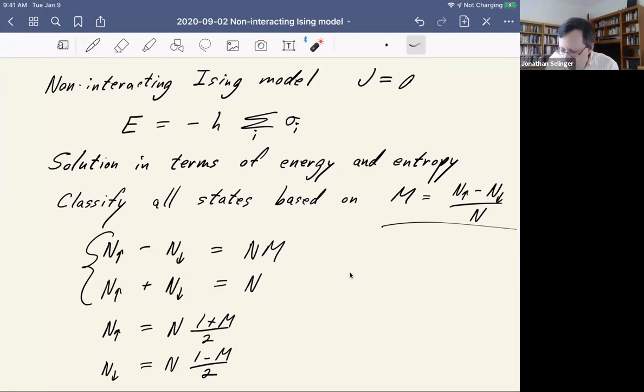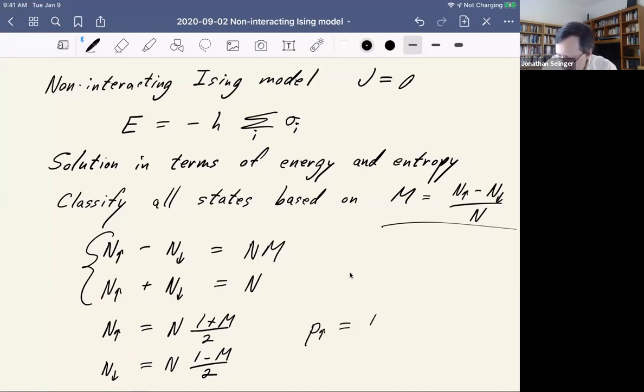Okay, so when I want to classify states based on m, that means the same thing as classifying states based on n up and n down. Or another way to say the same thing is classifying states based on the probability that a spin is up.